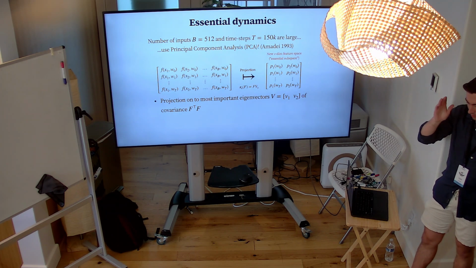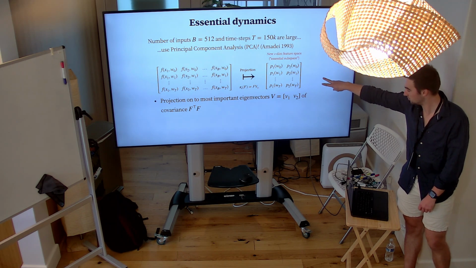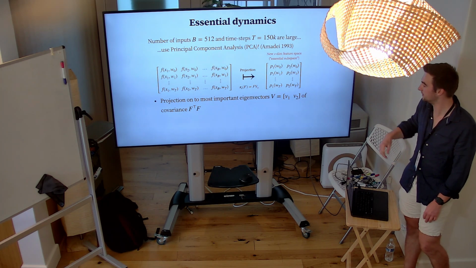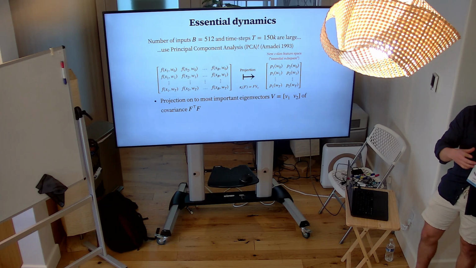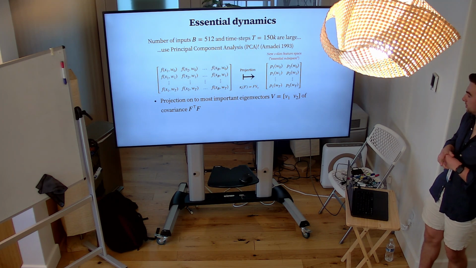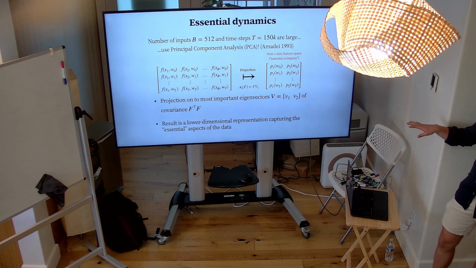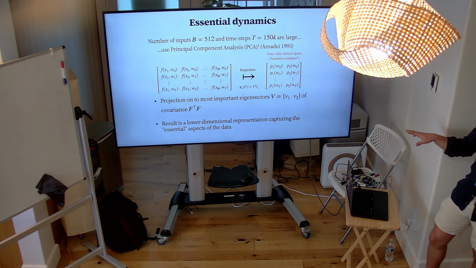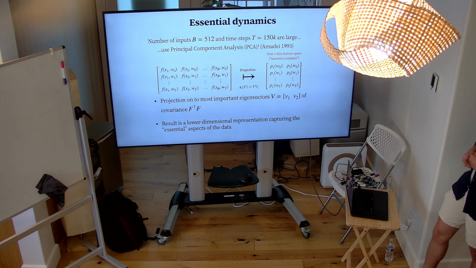And so if you order them up, then projecting onto the first v eigenvectors, in this case 2 eigenvectors, will contain the most variance that you could hope to get from just 2 vectors. In this way, we are able to obtain a lower dimensional representation that captures the essential aspects of the trajectory.